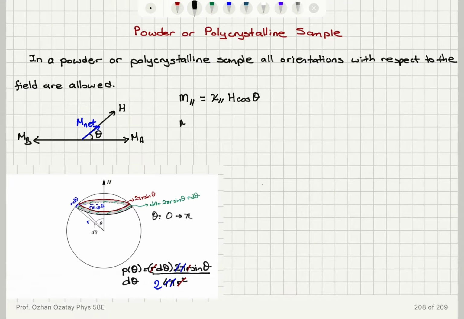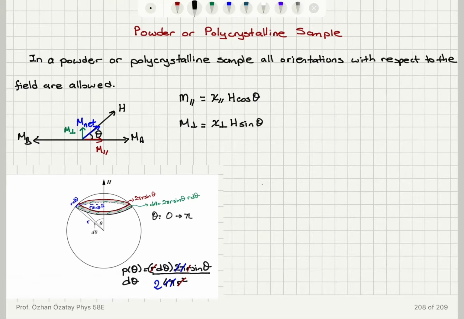And as for the transverse magnetization, I will have transverse susceptibility multiplied by H sine theta. So this is basically going to give me M parallel, and here I have M perpendicular.